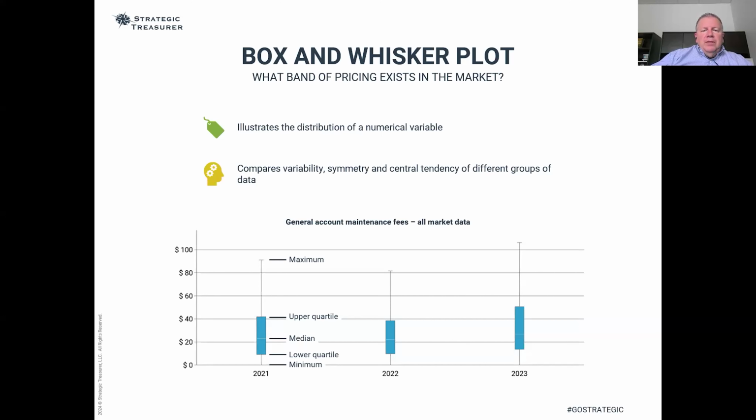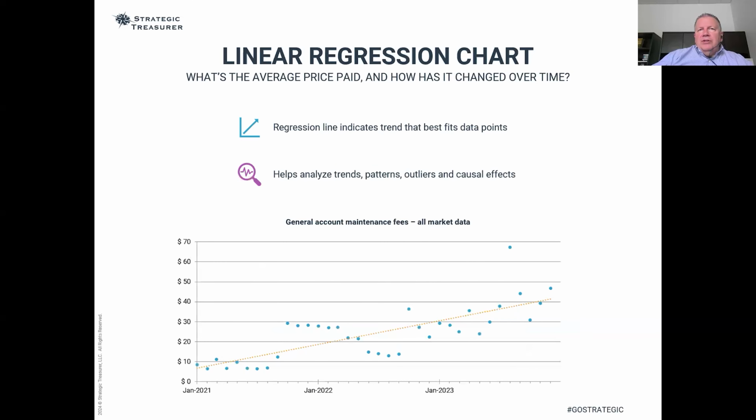So now another statistical item that you could take us through is linear regression. Yep. Linear regression charts are great for comparing trends against our data points. We want to see patterns, and we want to see if there are any outliers in our data here. On our particular charts, the blue dots represent the average general account maintenance fee prices for each month in the data set.